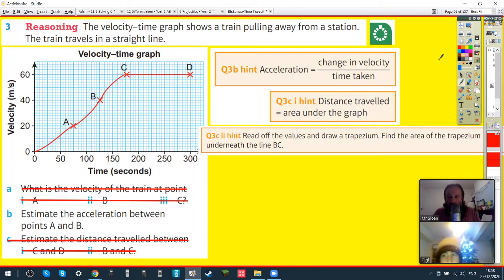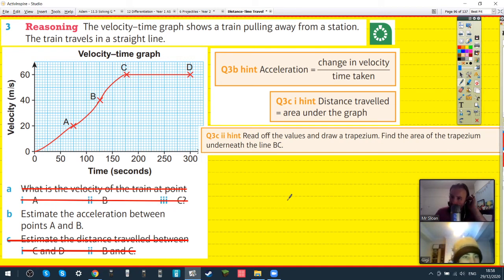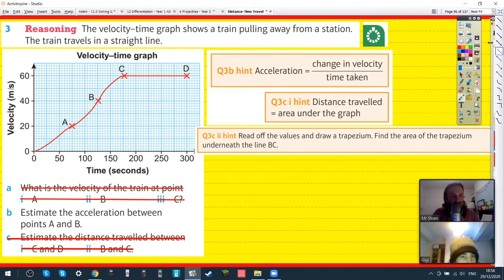Let me see. Between points A and B. Alright, let's give this a go. So you would draw a gradient thing. Chord. Wait, a chord, yeah.